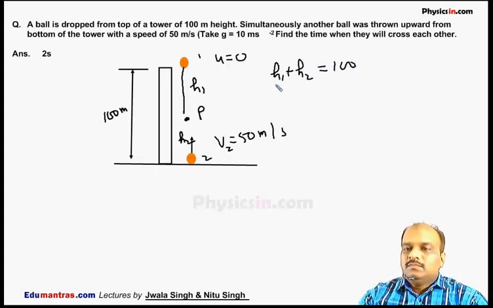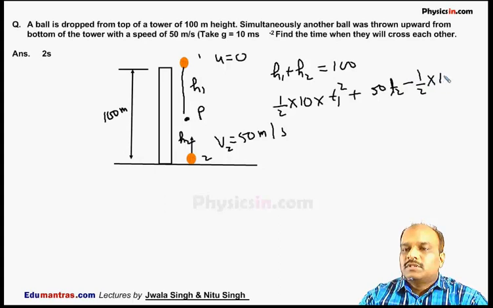Now h1 is half g, which means 10, into t1 square, and h2 is ut, which means 50 into t2, minus half g, which means 10, into t2 square, that is equal to 100. Now this is the condition.